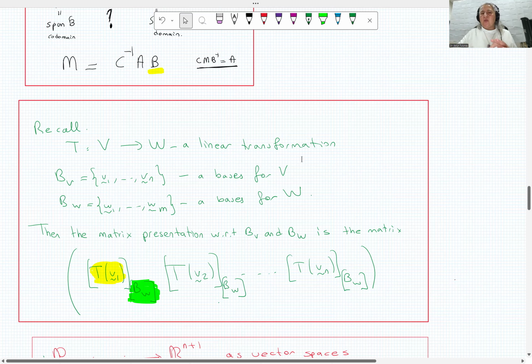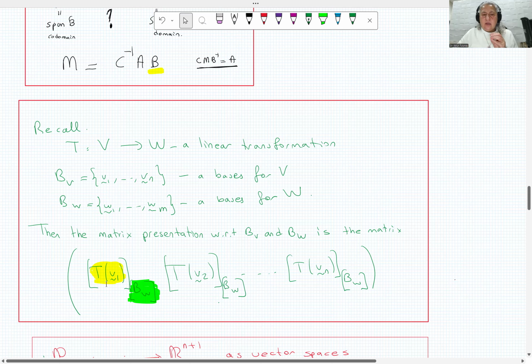If you have a linear transformation from V to W, and the basis is V1, V2, ..., Vn, and the other basis is W1, W2, ..., Wm. And here, the matrix form with respect to these bases, with domain BW and codomain BV, is expressed in this way.